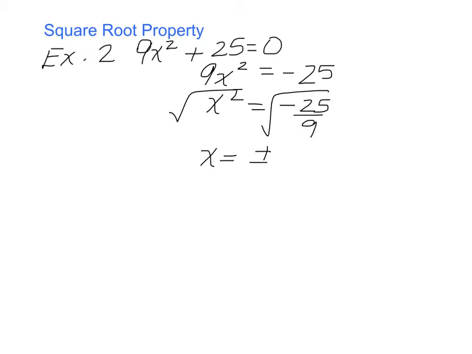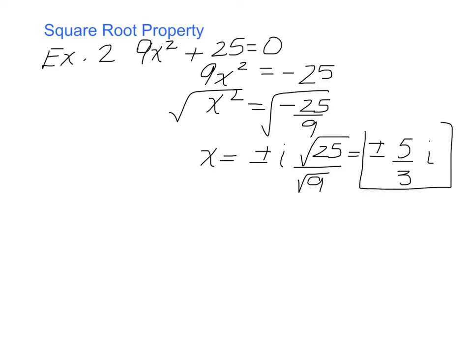So it'll be like this, which in turn is plus and minus 5i over square root of 3. Or you can write it like 5/3 i. And then you're done.